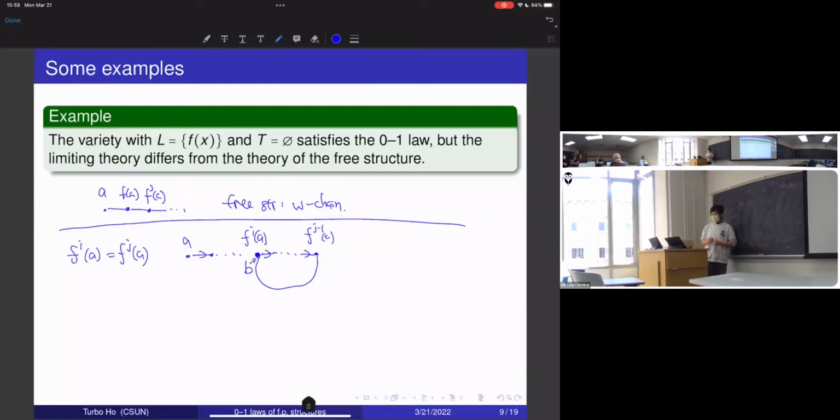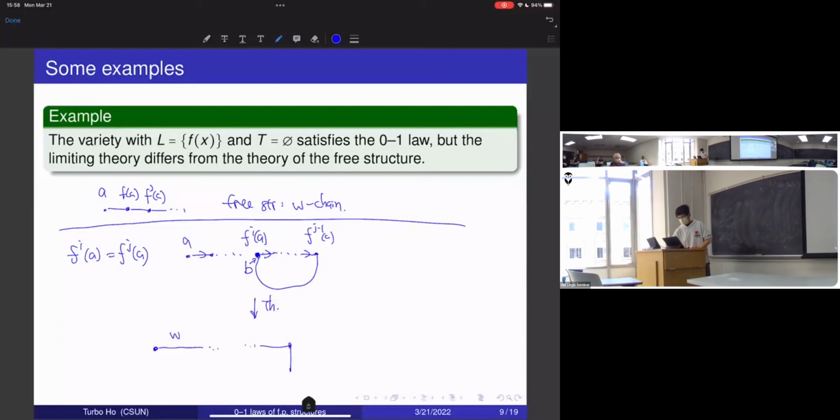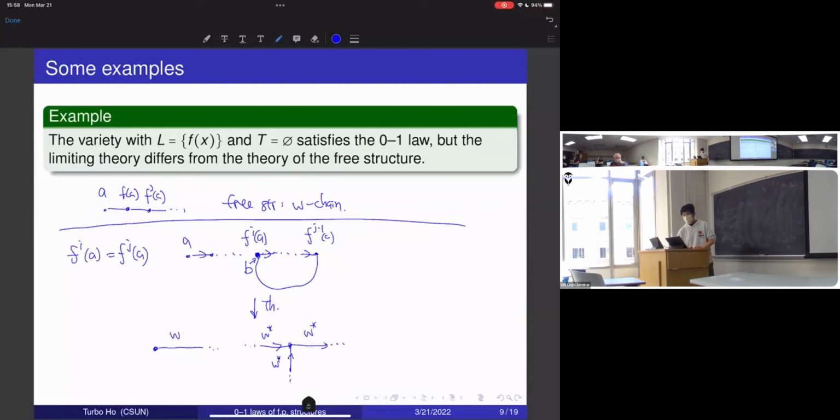So it turns out that what you can prove is that the theory of this limits to the theory of the following structure: you have an omega chain here, and then you have an omega star chain coming in like that, where you have one omega chain going out.